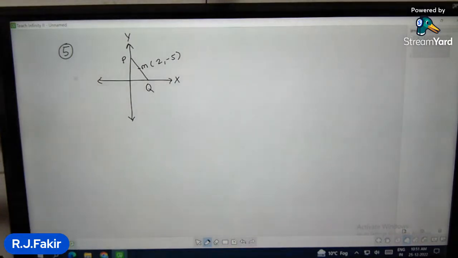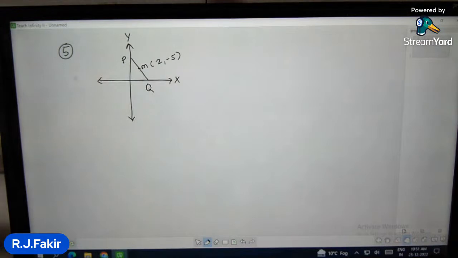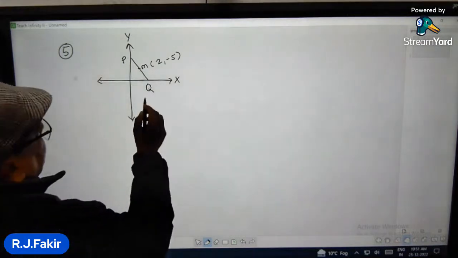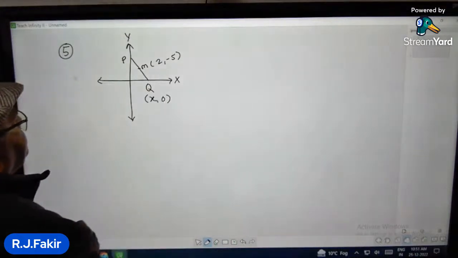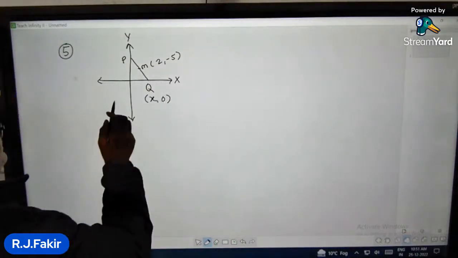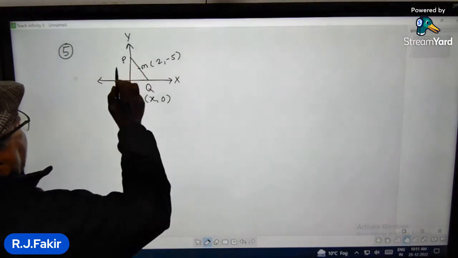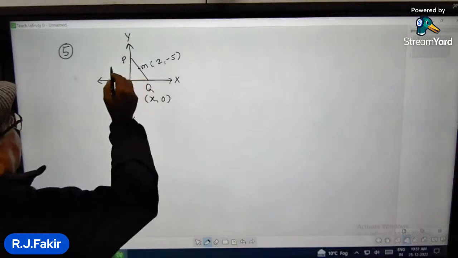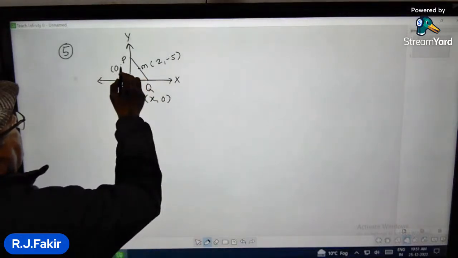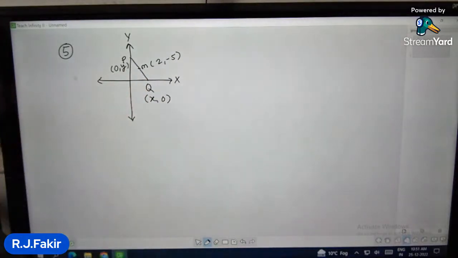And by the property of coordinate system, we also know that the points which lie on x-axis have coordinates of this kind, x comma 0, and the points which lie on y-axis have coordinates of the nature 0 comma y.